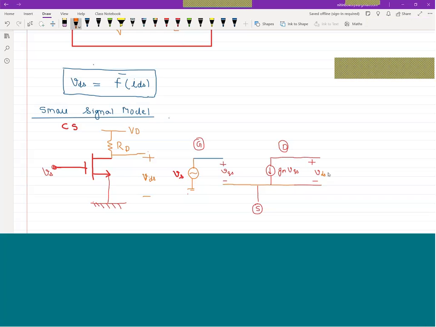How does the fundamental arrangement look? The fundamental arrangement looks like this, and you can add the remaining components here, but this is the basic small signal model.